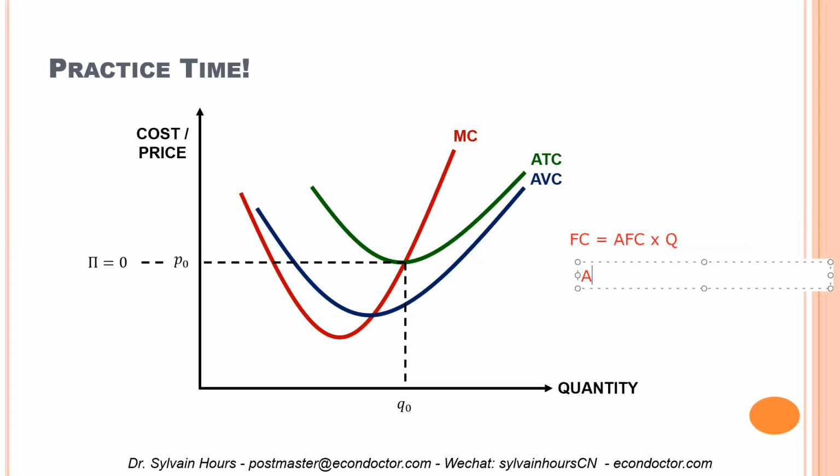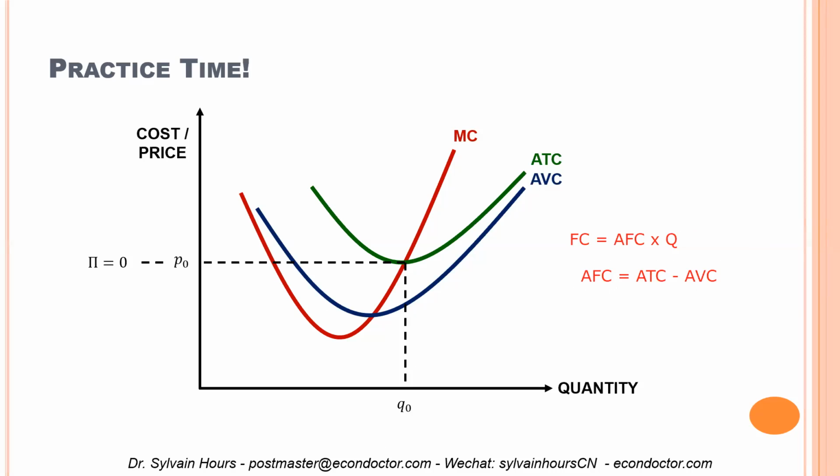And average fixed cost is just the average total cost minus the average variable cost. So average fixed cost is just the vertical distance between the ATC and the AVC, the vertical distance between the green curve and the blue curve at Q0. And I just have to multiply by the quantity to get the fixed cost.